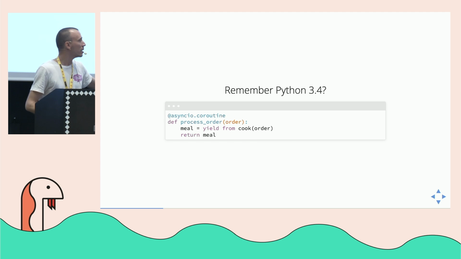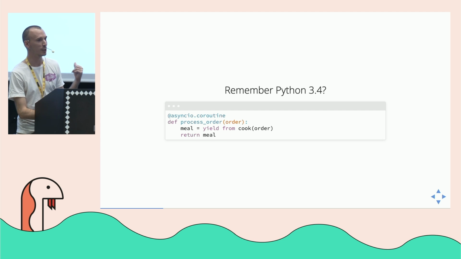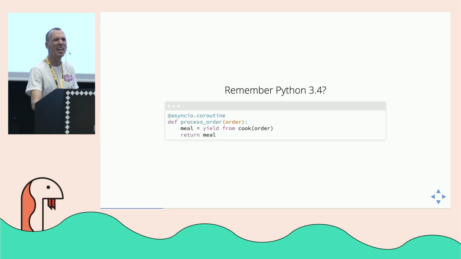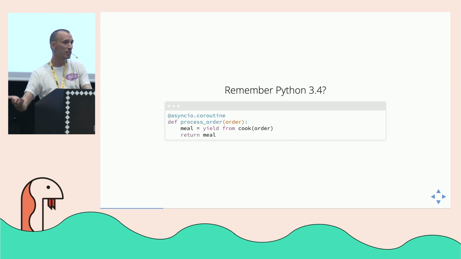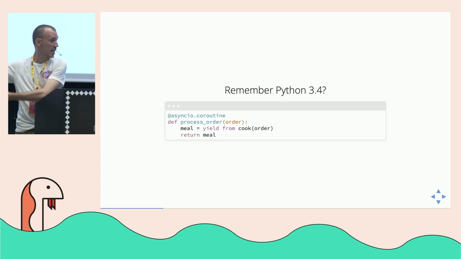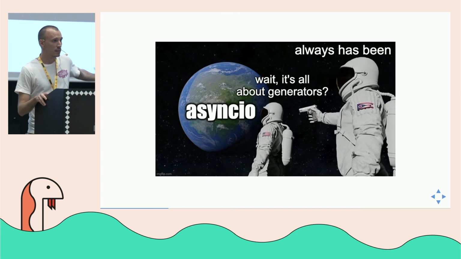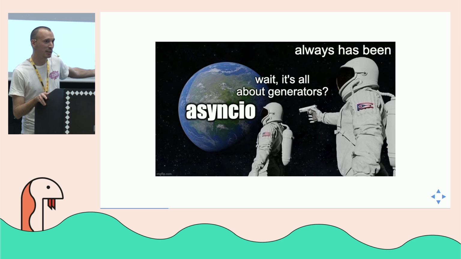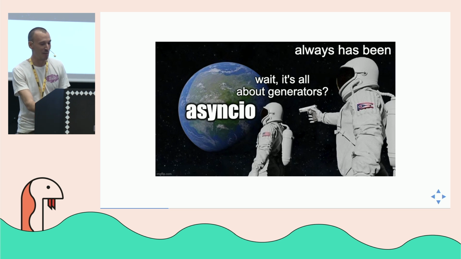Yield from, like, it was such a good syntax. Like, it really makes sense. Like, await doesn't mean anything. Yield from, on the other hand, you're generating something, but from something else. Okay? So, yeah. It was all about generators all the time, right? Okay? But yeah, now you know what a coroutine is.